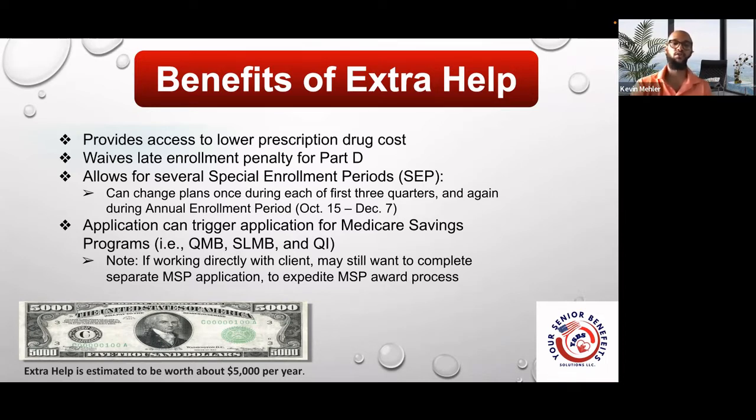Okay. So long story short, if you do have the ability to assist seniors or Medicare eligible members online with this, and you go on the Extra Help website where you fill out the application, all the way in the bottom left corner, there's a checkbox that asks if you want the application to also be sent to the state that the individual resides in.